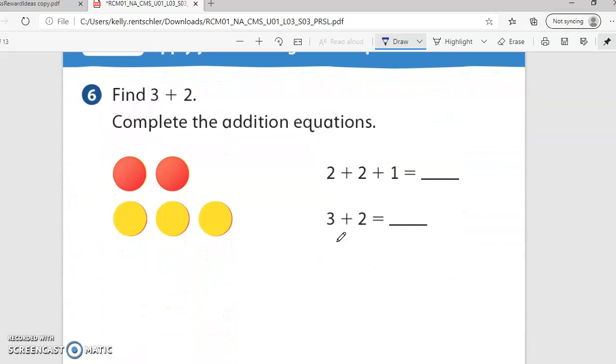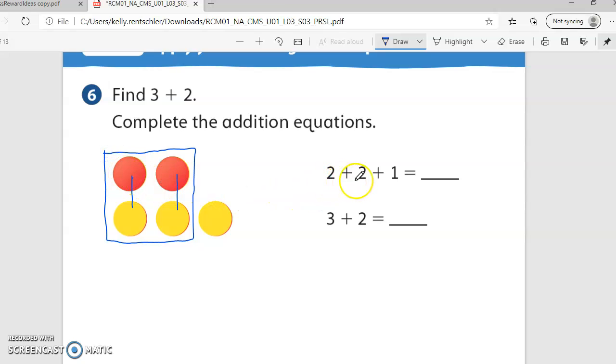Okay, let's try 1 more, and then I'm going to let you work on your practice pages. So this is finding 3 plus 2. There are 2 red counters and 3 yellow counters. This red counter has a matching yellow. This red has a matching yellow. So I'm going to draw my box around here to show that these are doubles because they have matching.